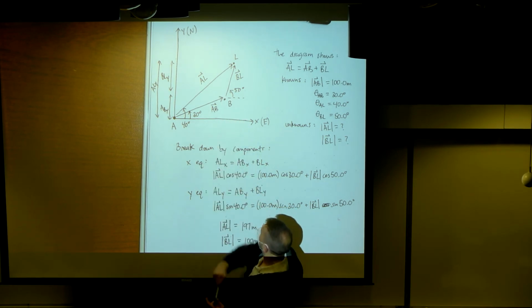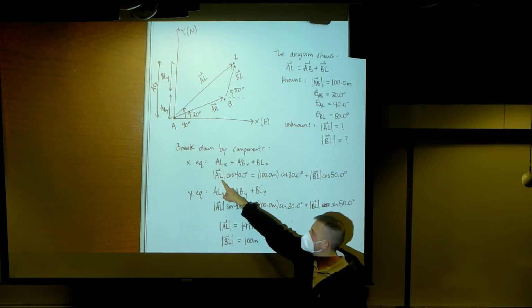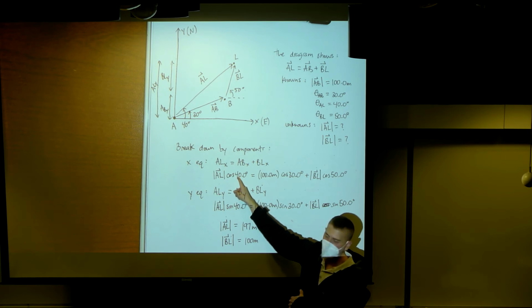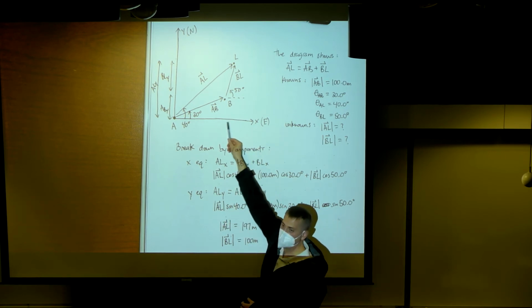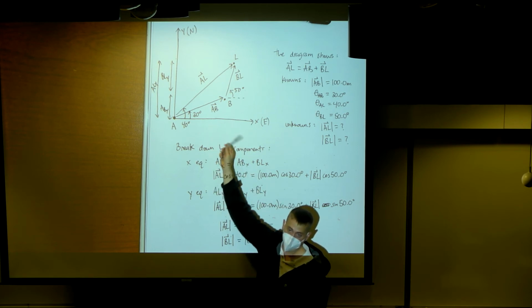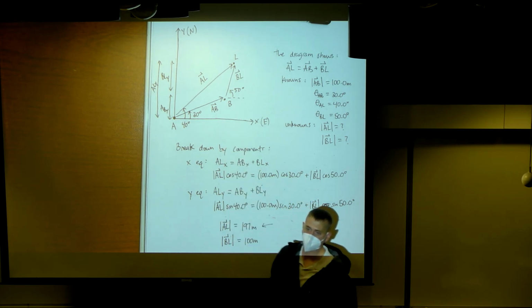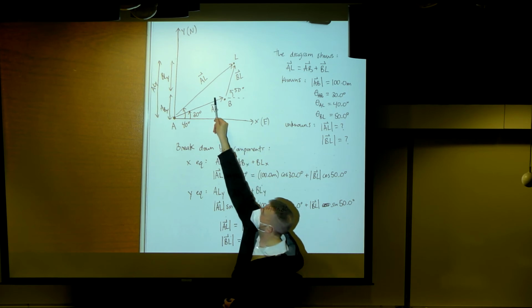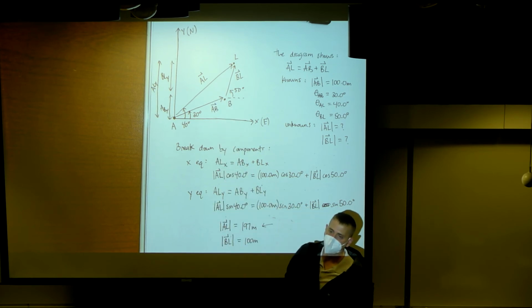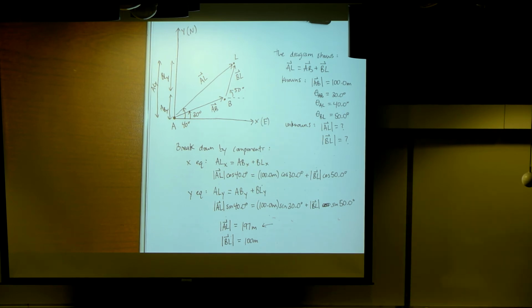So in order to say that the x component is magnitude times cosine of the angle, and the y component is the magnitude times sine of the angle, it has to be measured off the x-axis for that to work. So we have to make sure we're going off the x-axis, which is this 50-degree angle. If you don't have that angle, like if you had this one instead, you could figure out through geometry what the angle you want is actually going to be. So we'll see some examples of that coming up, I think. Anything else?